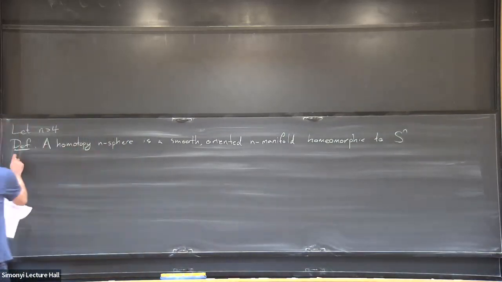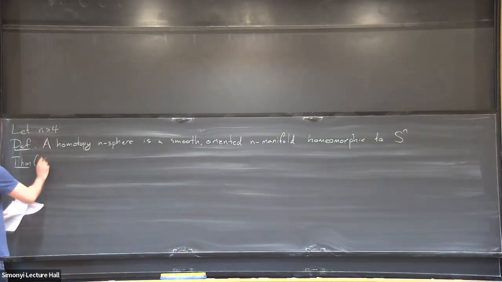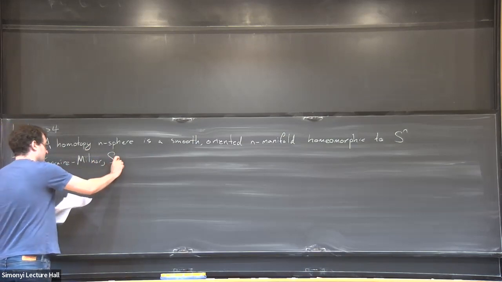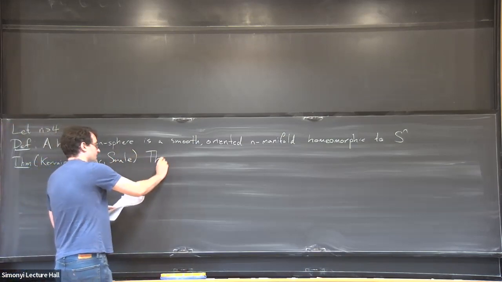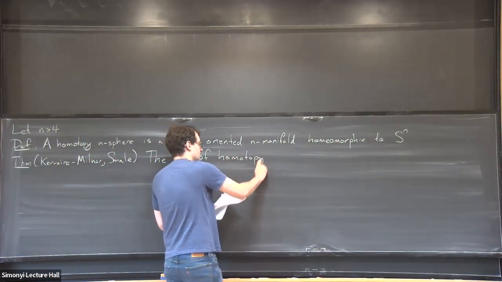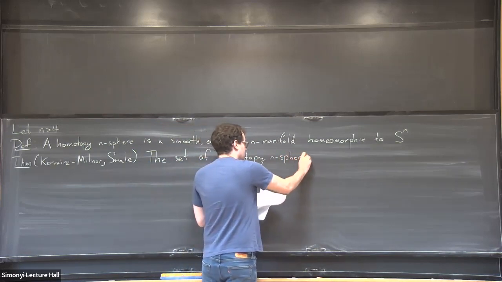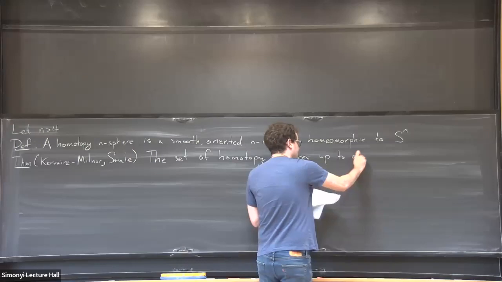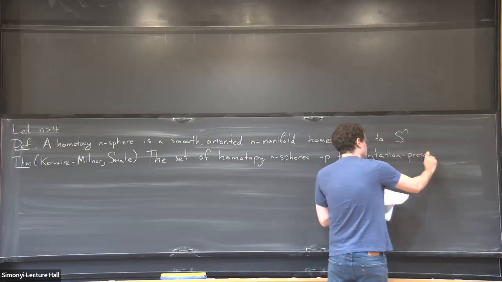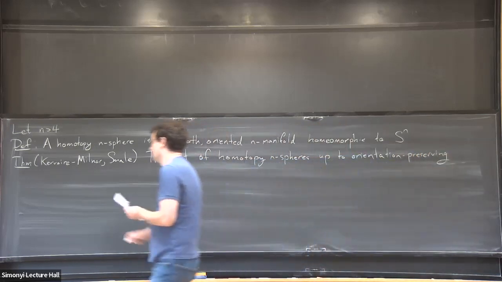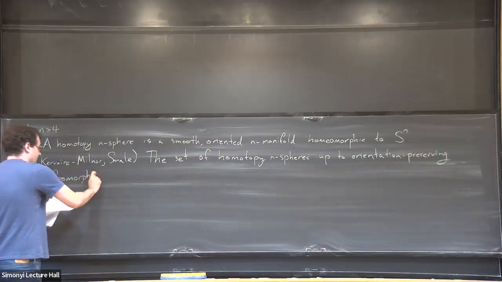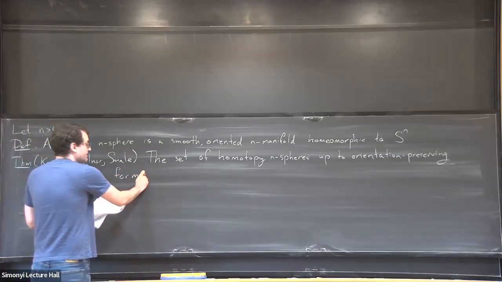And in fact, due to work of Milnor and Kervaire, one can organize this set of homotopy n-spheres, considered up to orientation preserving diffeomorphism, into a finite abelian group.